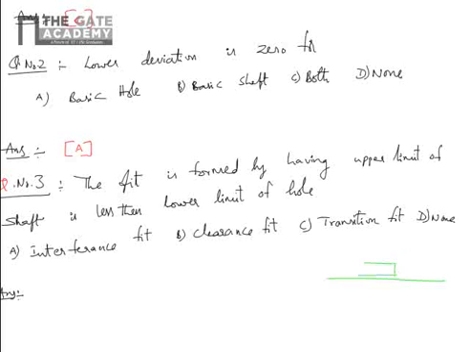Suppose this is the hole tolerance, upper limit, lower limit, and this is the shaft tolerance, upper limit, lower limit. The upper limit of shaft is less than the lower limit of hole. In the present case it is satisfied. So that means the shaft is small and the hole is bigger, which is called clearance fit.